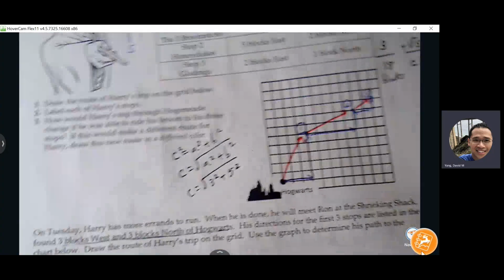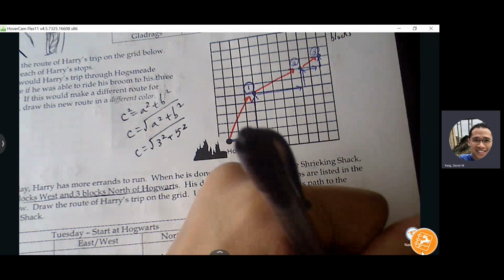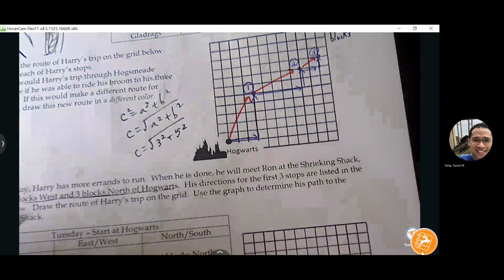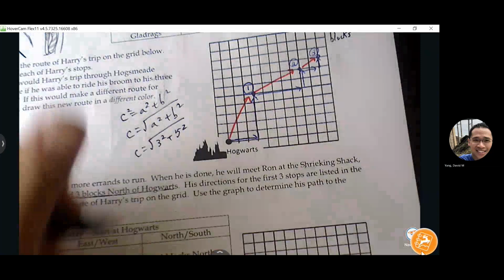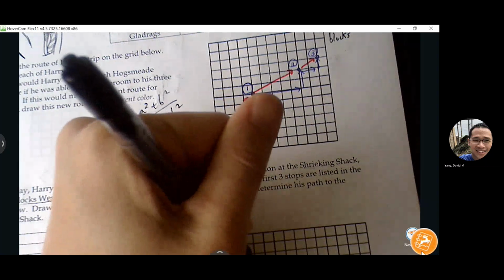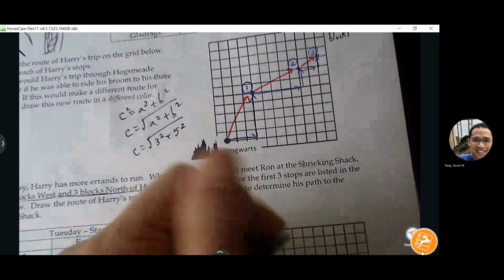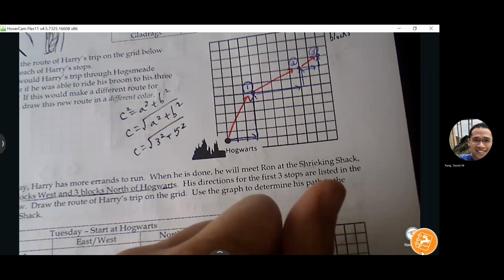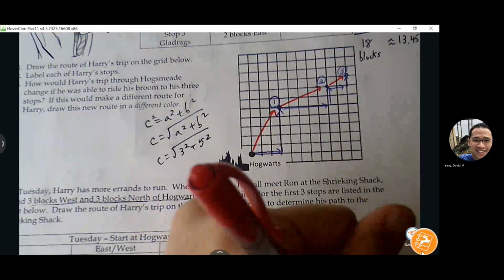Sorry, what I should have done was I should have drawn all of these as horizontal and vertical, horizontal and vertical. And then Hedwig is going to be flying over the buildings and actually going to be connecting all the stops in a straight line.